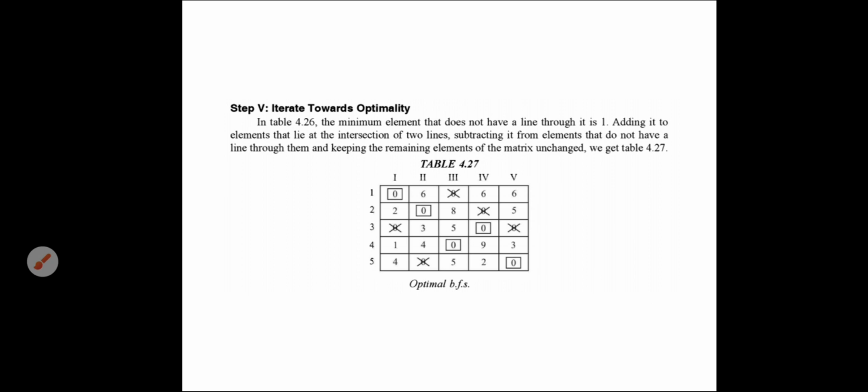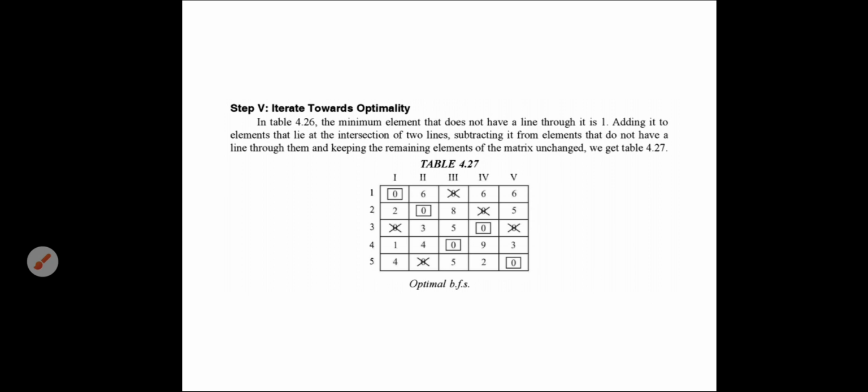Once you write down that table, you start assignments again. The minimum element that does not have a line through it is 1; adding it to the elements that lie at the intersection of 2 lines, or subtracting it from the elements that do not have a line through them, and keeping the remaining elements unchanged, we get this table.